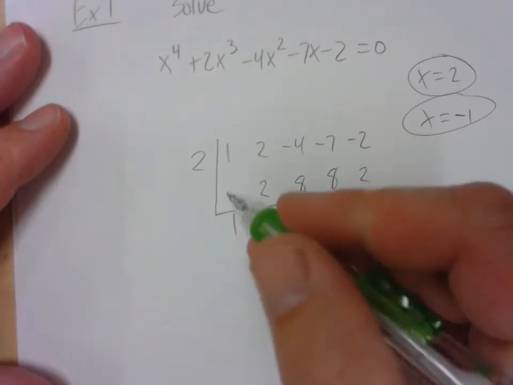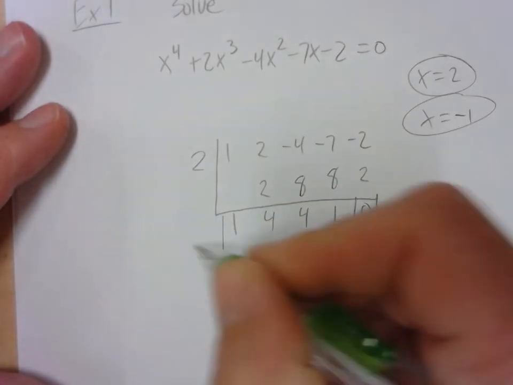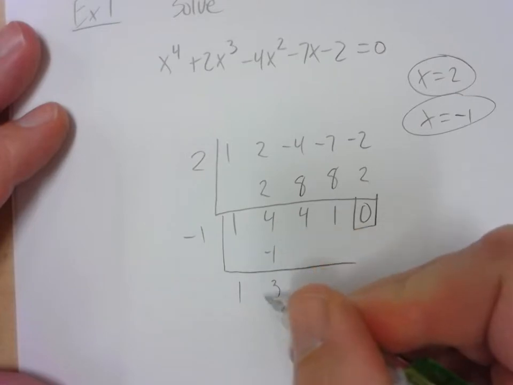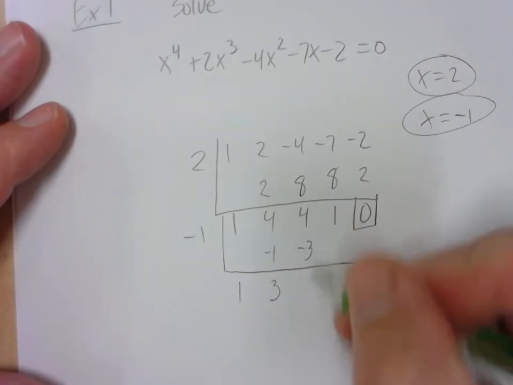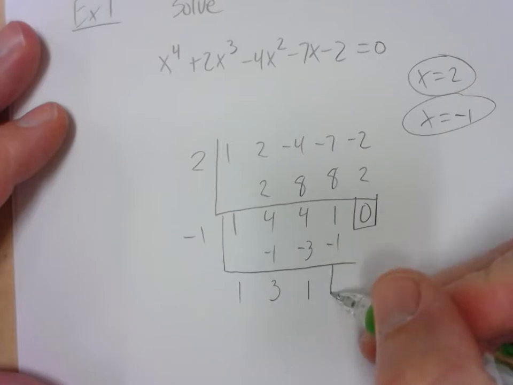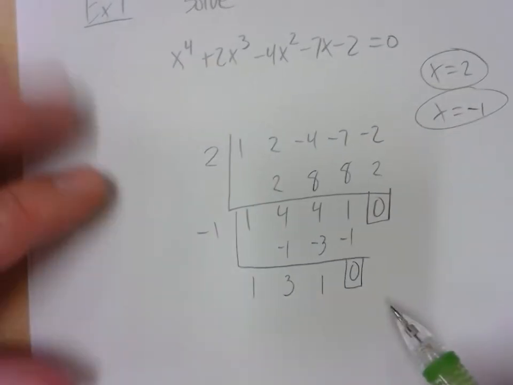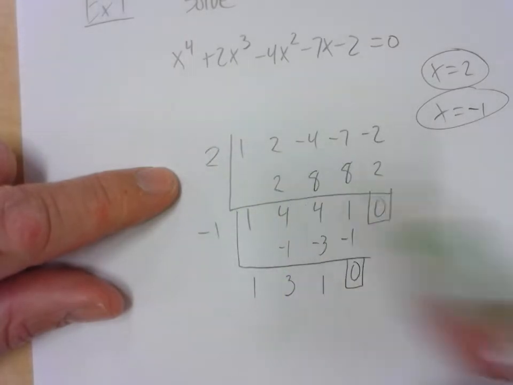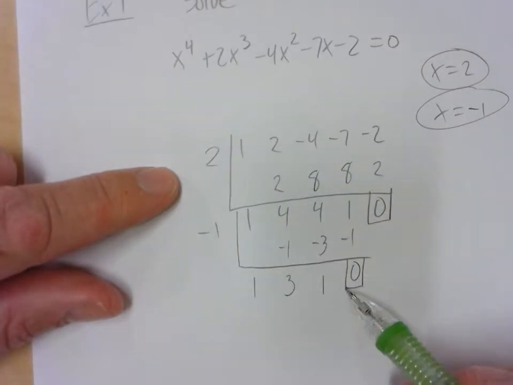Now I'm going to synthetically divide again. -1, we drop down, we multiply, we add, we multiply, we add, we multiply, and we get 0 again. So the outside pieces multiply together to make the inside. So the divisors all multiplied and the quotient multiplied together will give you the dividend.